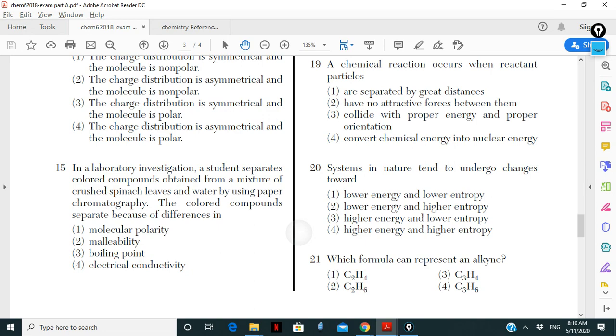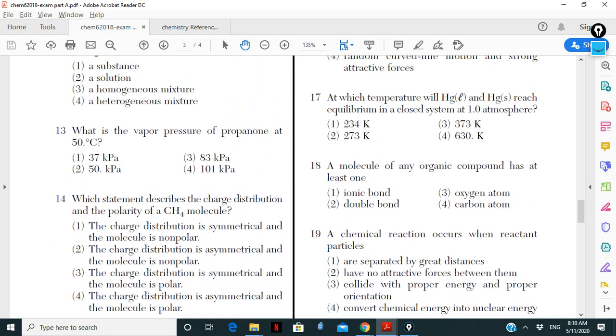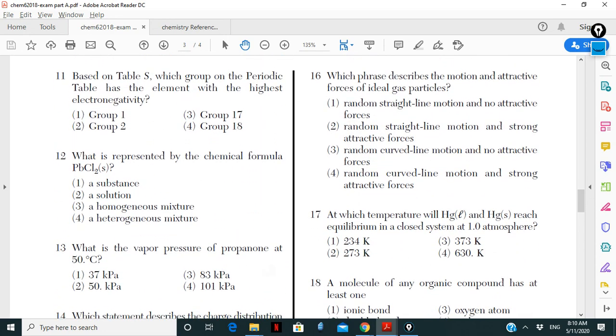Question number 16, which describes the motion and the attractive forces of an ideal gas. So what are the properties of an ideal gas? The particles have no size or negligible size.